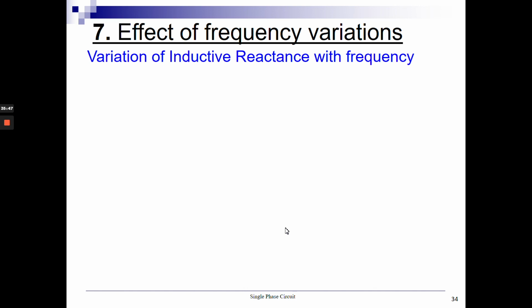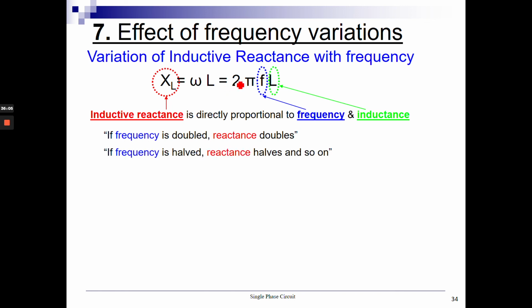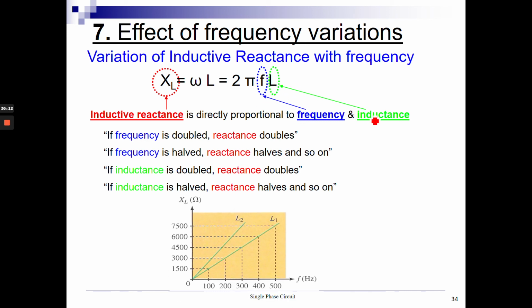Okay. So the final subtopic for part A is effect of frequency variation. So variation of inductance with frequency. So you know that XL equal to omega L, where omega equal to 2 pi f. So this is your frequency and this is your inductance. Okay, so XL is your inductive reactance.